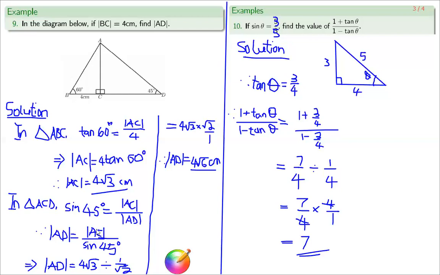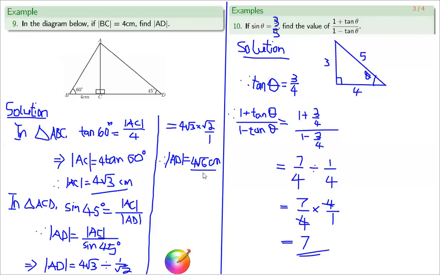So this AC over sine has been converted into division, divided by the fraction 1 over root 2. So when you change this division sign to multiplication, of course you know this fraction at the right side will be inverted. That is 4 root 3 times root 2 over 1. Therefore, the magnitude of length AD is equal to 4 root 6 centimeters.